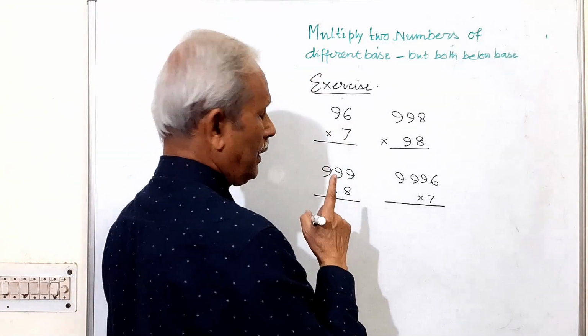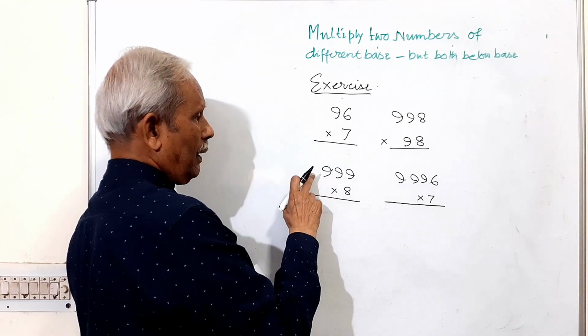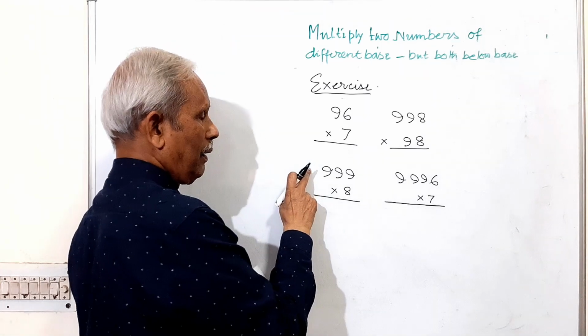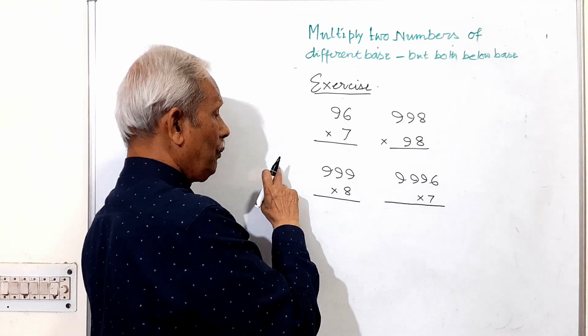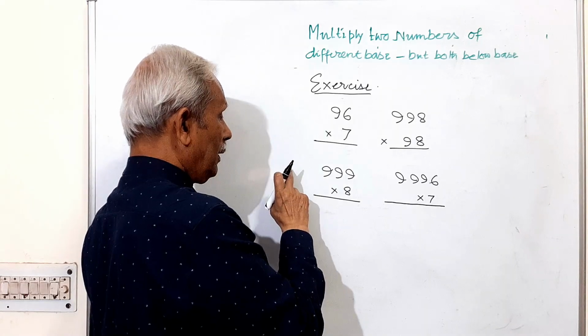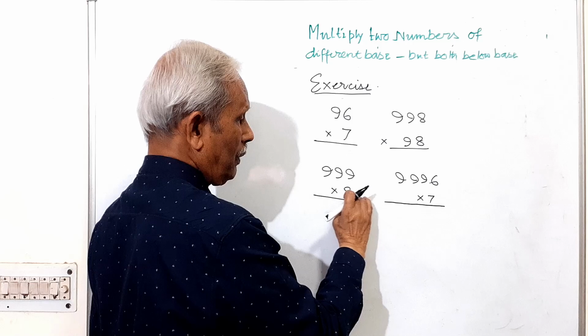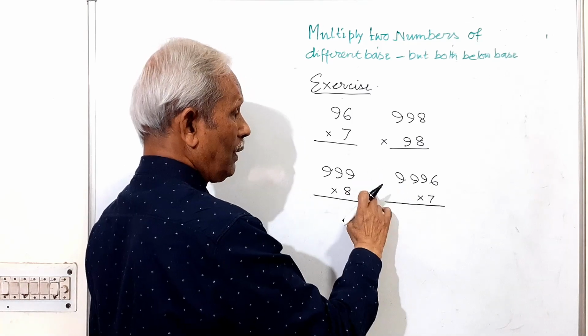Just a little hint here. For example, like this, when 1000 is the base here, and here the base is 10. So the difference of zeros will be 2 zeros here. So in the right part, the lower number's difference will be added with 2 zeros instead of 1 0.